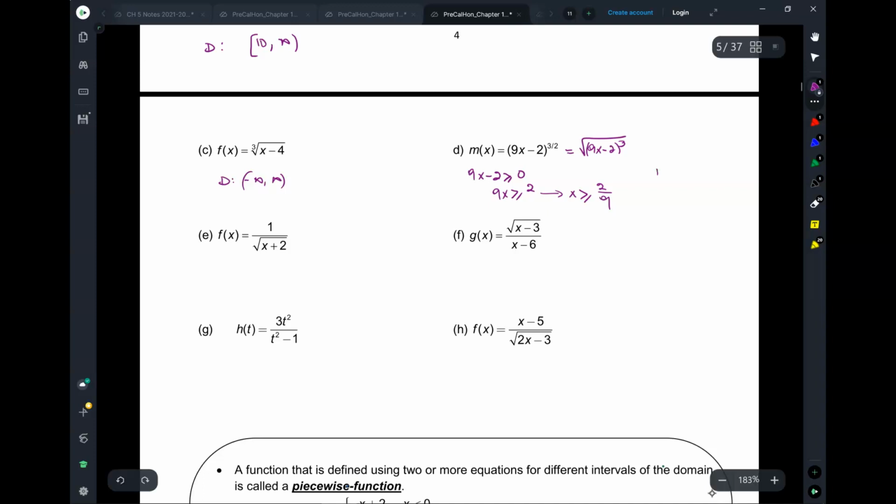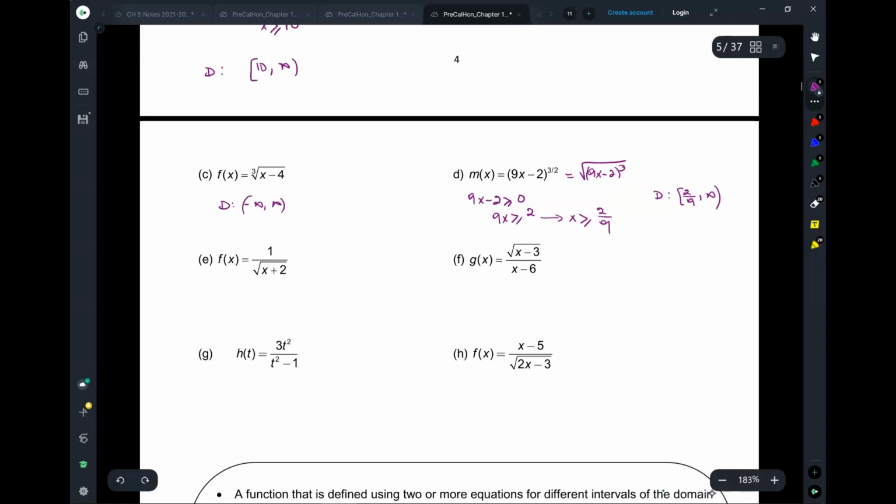So what's the domain? 2 over 9 to infinity. If you did, you would just take the cube root of both sides and it goes away.